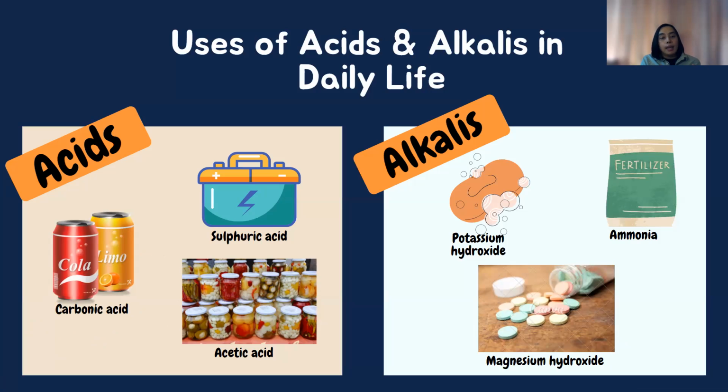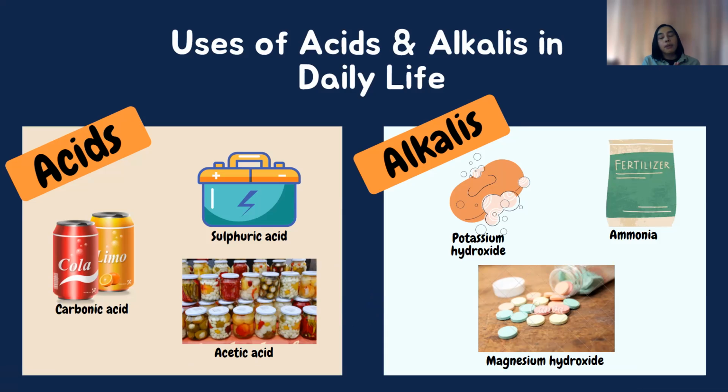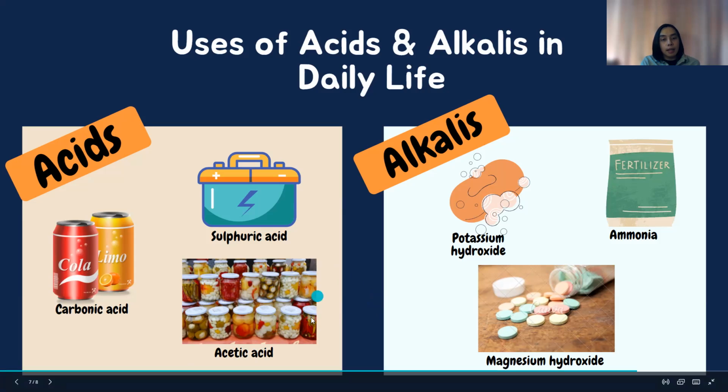And next will be the lead acid battery. It contains sulfuric acid as the electrolyte of the battery. And we also use acetic acid for food preservation, for pickling vegetables and fruits.